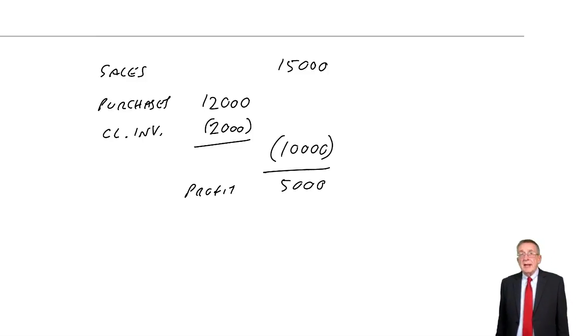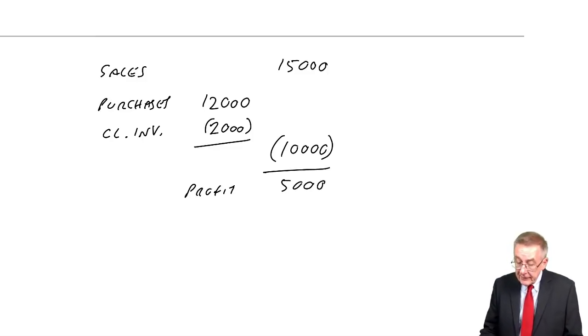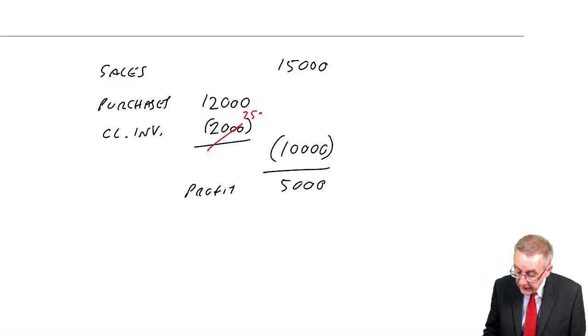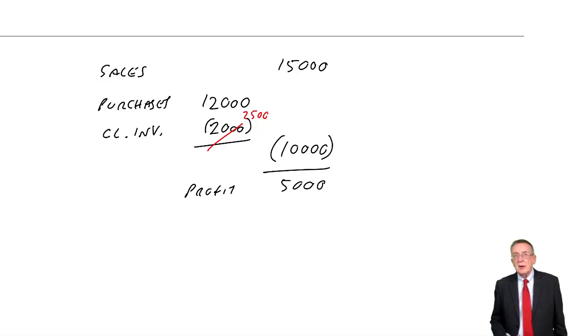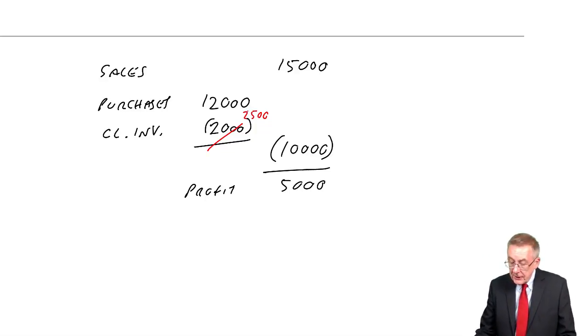Suppose, though, we valued inventory differently and got a higher figure. Just suppose the value of inventory was 2,500. What would happen to the profit? It would mean the cost of sales fell to 9,500 and the profit went up to 5,500.